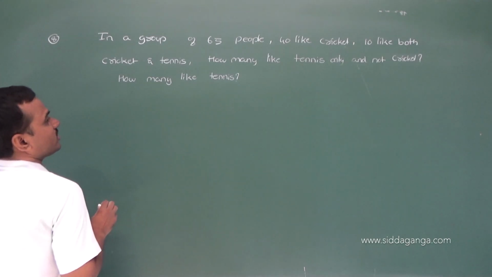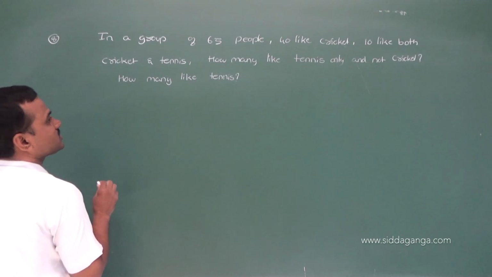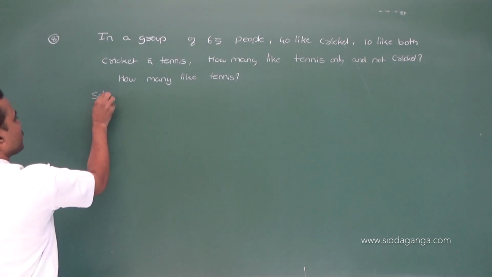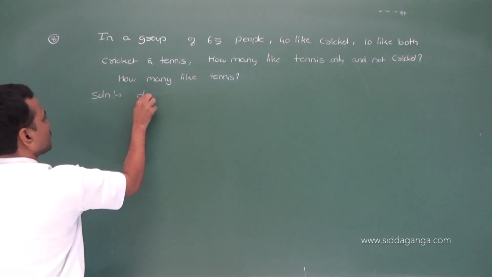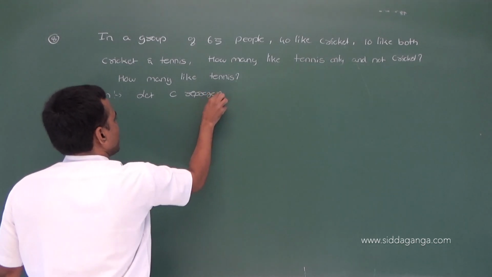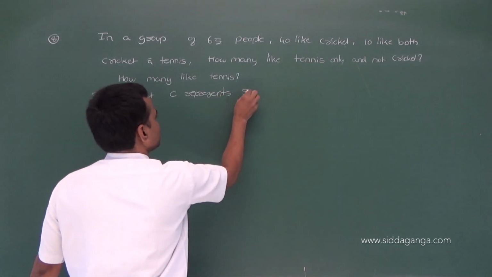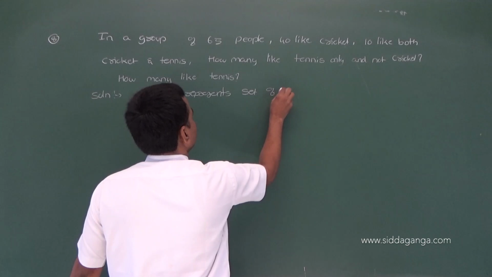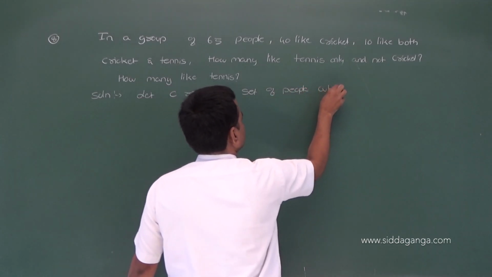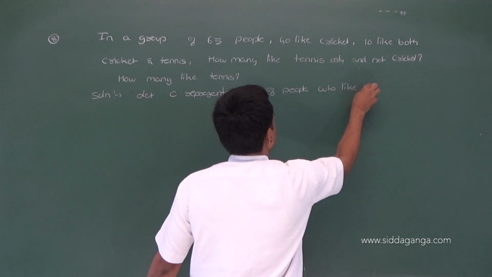So what we do, we represent the sets C for cricket, T for tennis. Solution. Let C represent the set of people who like cricket.